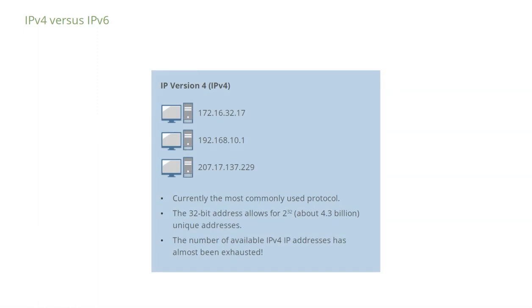You are now familiar with the structure of IPv4 addresses which are used in most home and business networks. Unfortunately, the pool of available IPv4 IP addresses has almost been exhausted. As a result, an increasing number of research and educational facilities, service provider, and corporate lab networks are using the next generation protocol, IP version 6 or IPv6.